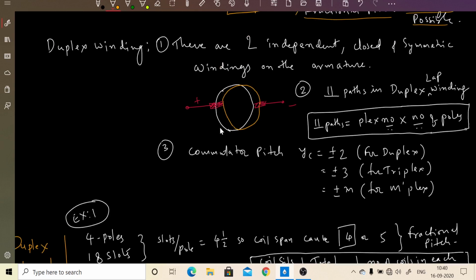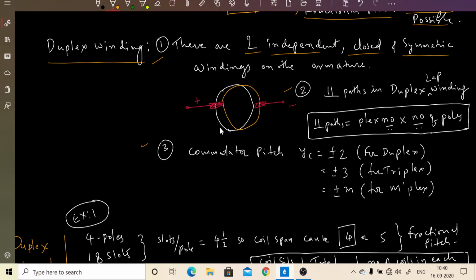Now coming to the duplex winding, there are three important things we need to understand about the duplex winding other than the simplex. In simplex, we have only one closed armature winding on the rotor, but in case of duplex, there are two independent and closed armature windings on the rotor, and they are symmetric in nature.